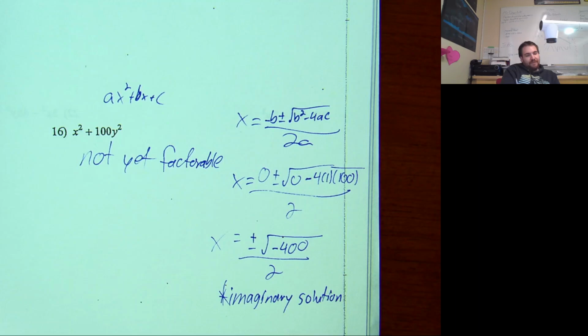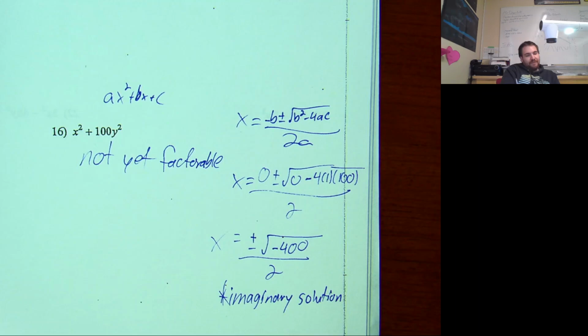No, that's when the exponent is negative. No, this is as gross as it gets. So the square root of 400 is 20, so it's going to be plus or minus 10i. That is technically the roots or the factored version of this.